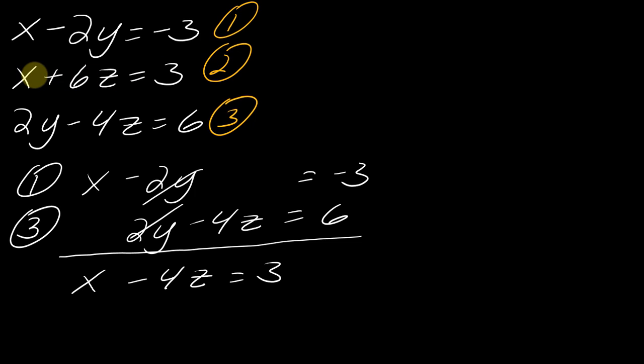But notice that equation 2 is only in terms of x and z, and that's exactly what we've made here. So if you are missing variables and one of your eliminations gives you an equation in two variables and the other one has only those two variables, then you can just move forward with the whole process. So let me mark this as A. Let me clear some space.